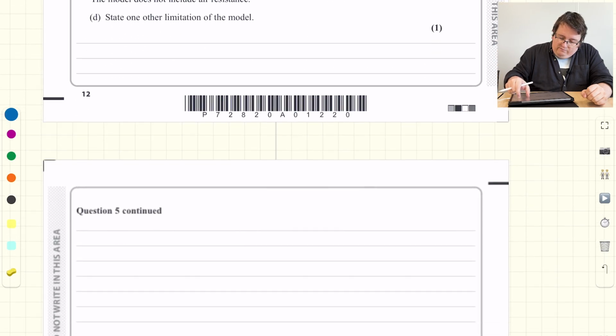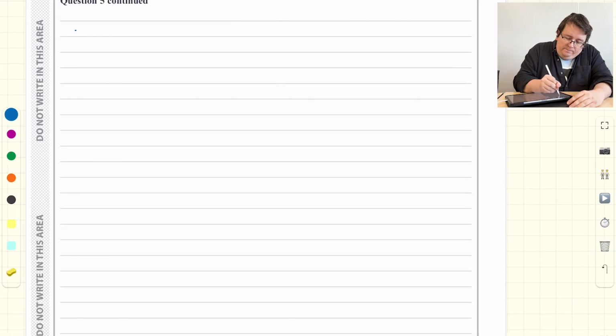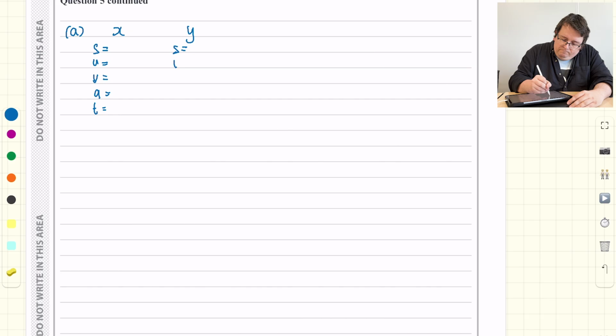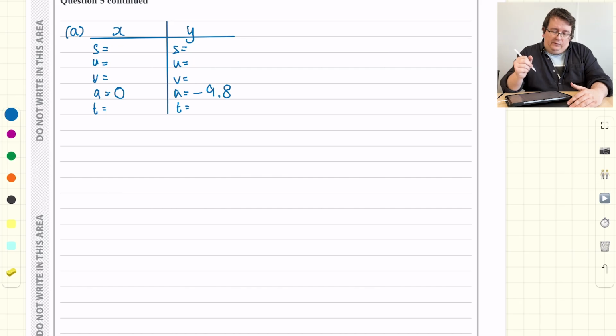Okay, so I don't really have much space, so I'm going to have to go on to the other page. So for part A then, let's set up some suvat in the horizontal and vertical directions. The horizontal acceleration is always 0, remember, and the vertical is minus g, so minus 9.8 in this case.